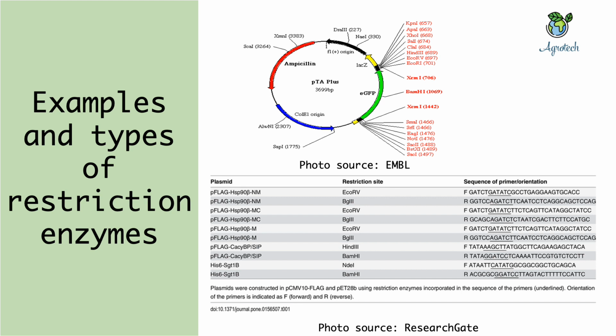In genetic engineering or biotechnology, the most commonly used restriction enzymes are EcoRI, EcoRV, HindIII, BamHI, and others. But there are many restriction enzymes available, so I'm going to give a link where you can find the list of many restriction enzymes used in scientific research and studies. You can explore it.